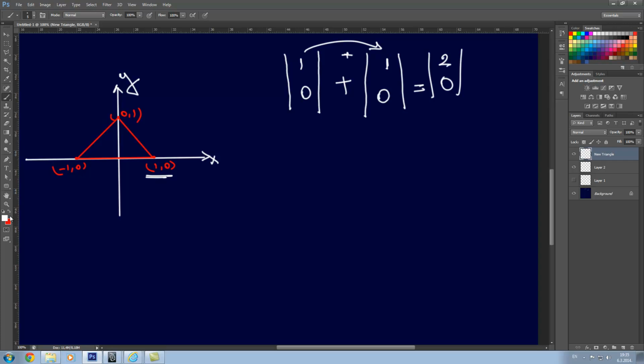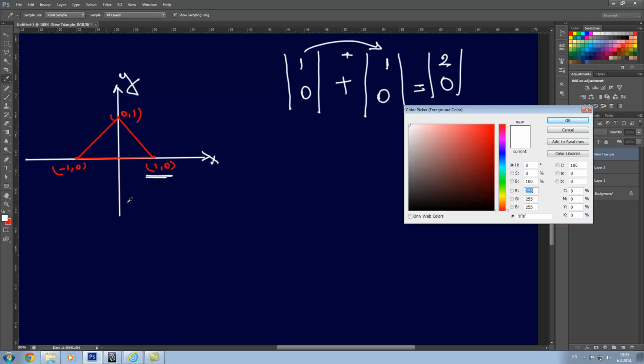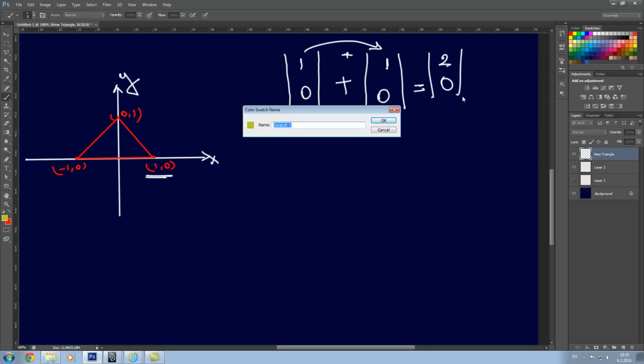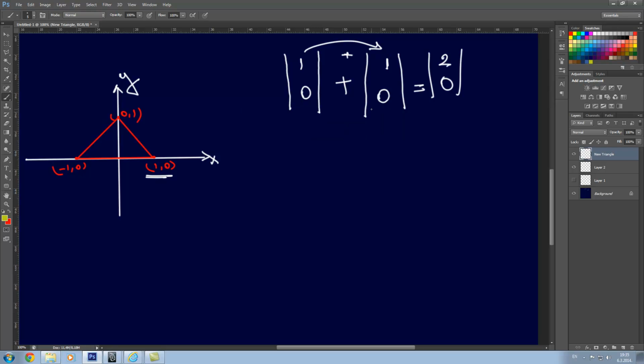And I'll change this to another, more yellowish kind of color, so it would be a little bit visible. So I think it's visible on this whiteboard. Great. I'm going to add it as a swatch. So I'm going to call this yellow pen, whatever.